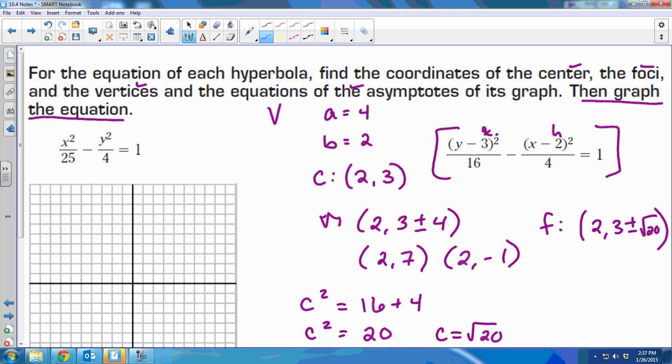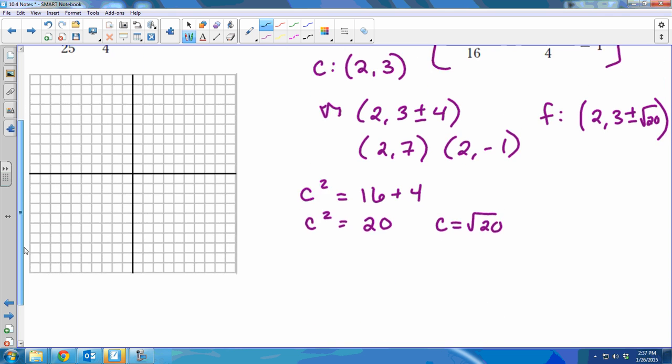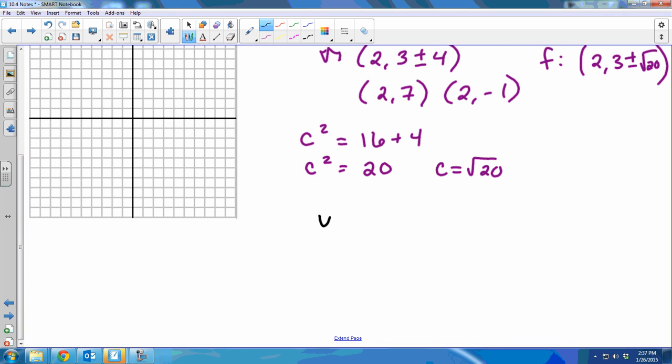I have the center, I have the foci, I have the vertices, and so I need to find the equations of the asymptotes. So I do y minus k, which in this case was 3, equals plus or minus, this is vertical, so I put a divided by b, so 4 divided by 2, times x minus h, which was 2. So I have two equations, and I am going to simplify both of these.